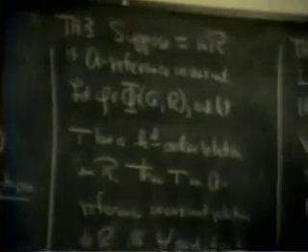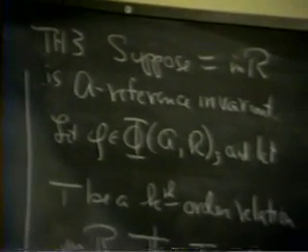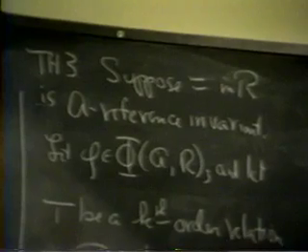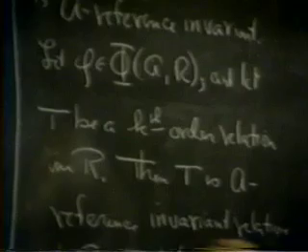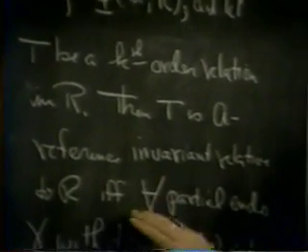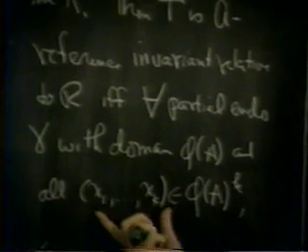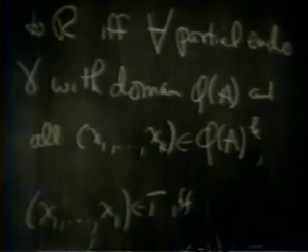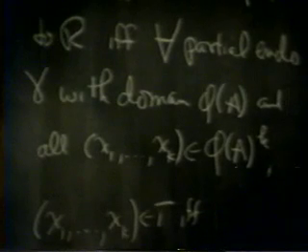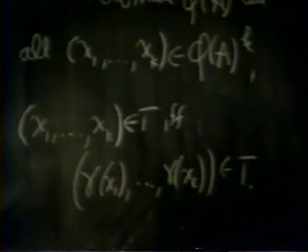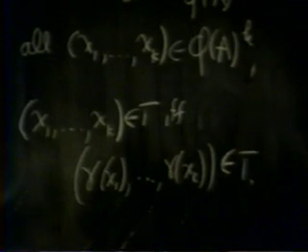Under that same assumption about equality being reference invariant, we now can establish a characterization of what it means for a k-order relation in R, call it T, to be reference invariant relative to R. What is involved here is that we look at all the partial endomorphisms with domain phi of A and look at the elements that are in the kth product of the image of A under phi, and those k-tuples are in T if and only if the image of them under the partial endomorphism are also in T. So this is an analog, really, of Theorem 1.